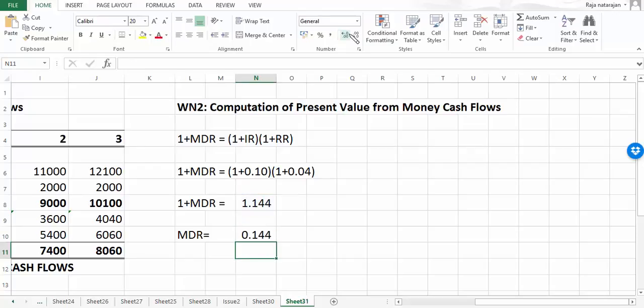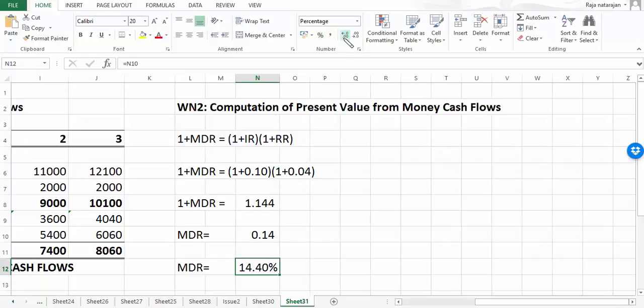So this is 0.144, and if I express this in percentage, let's see what value I get. It is going to be 14.40 percent.